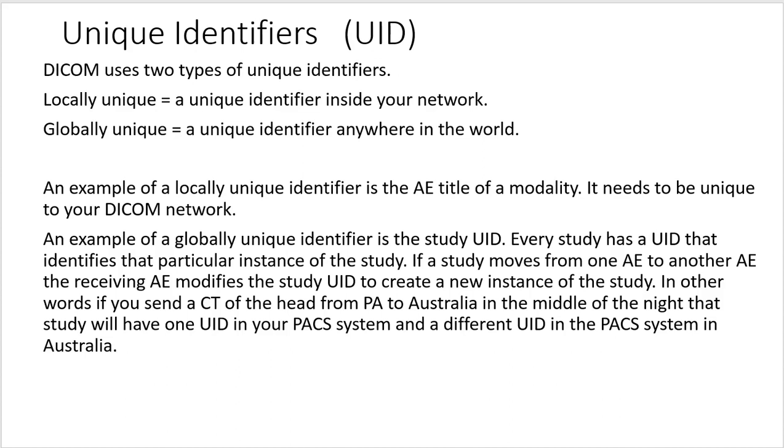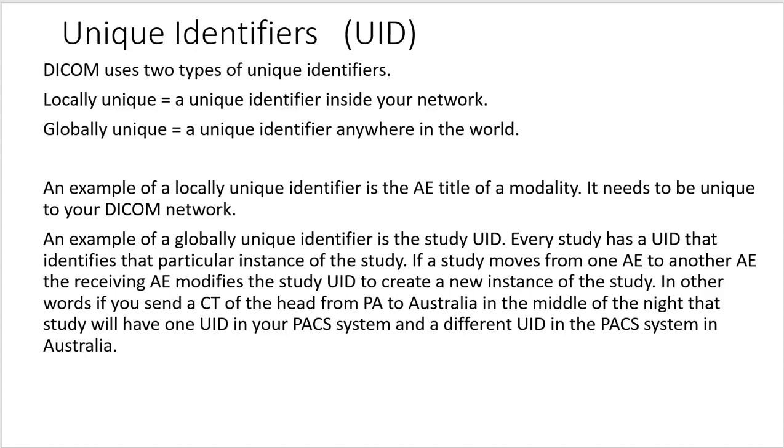So at Hack General Hospital, we could have HGCT1, and at Harrisburg General Hospital, they could have HGCT1. We can use the same AE titles locally unique. No problems there.